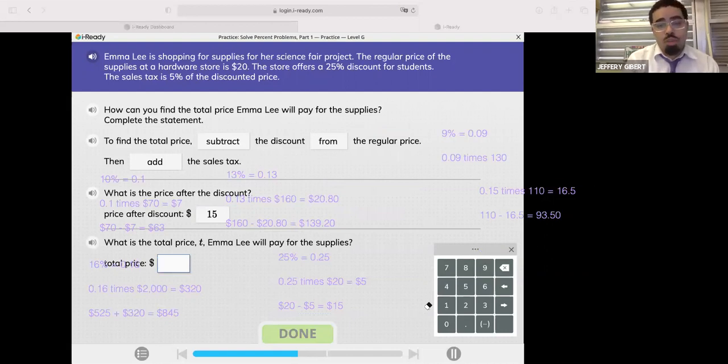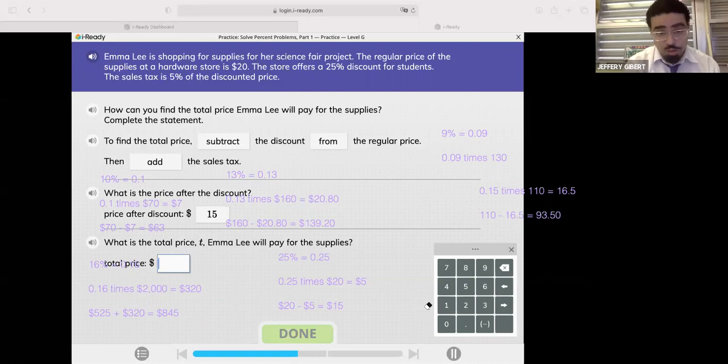All right, Kinsley, we're going to do the sales tax now. So what is the sales tax? You said what? Well, just the percentage.